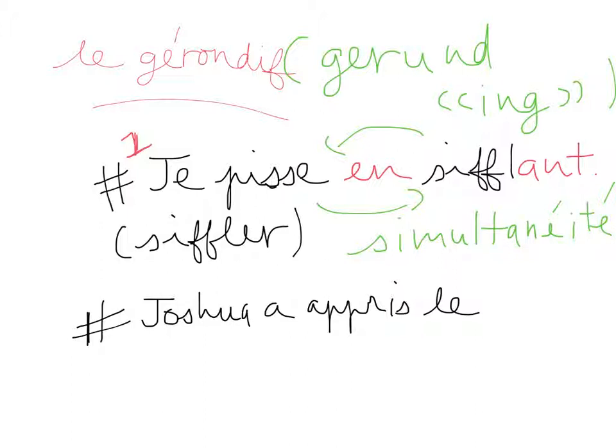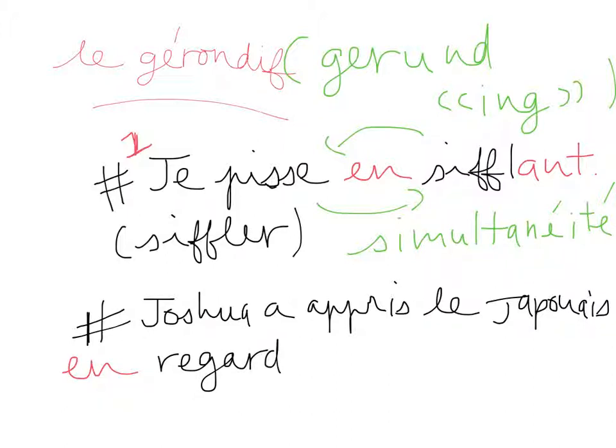Joshua a appris le japonais. We all know he speaks Japanese, right? But not all of us know how he learned Japanese. Well, I do. Joshua a appris le japonais en regardant, by watching, des hentai. We all know this. Now you all know it. Joshua a appris le japonais en regardant des hentai.